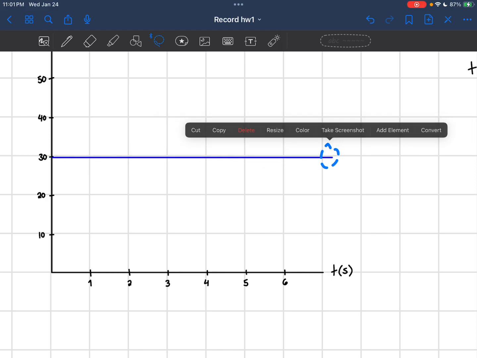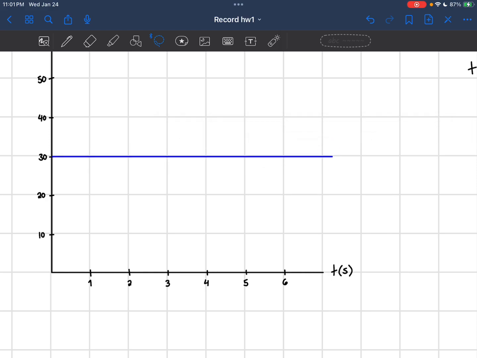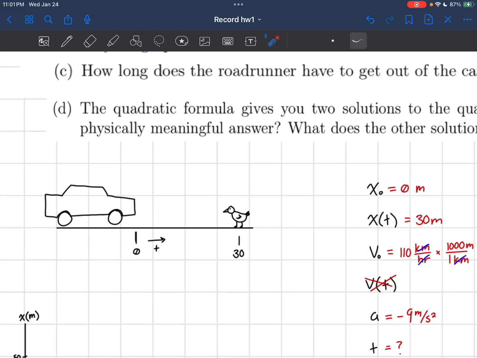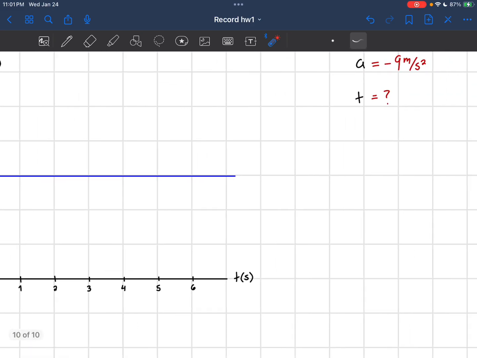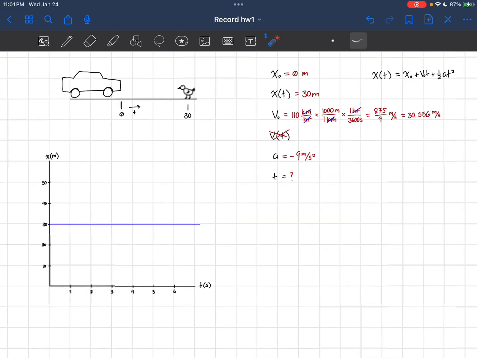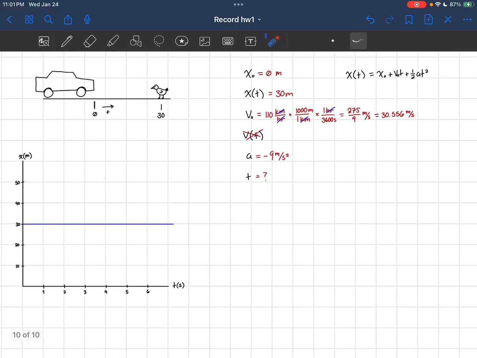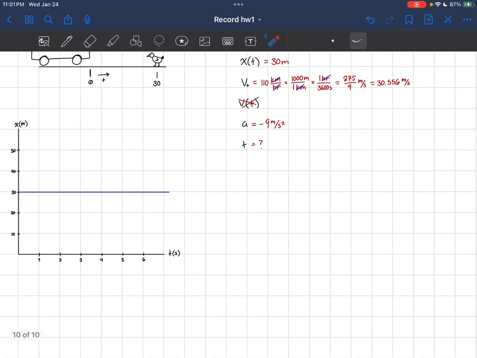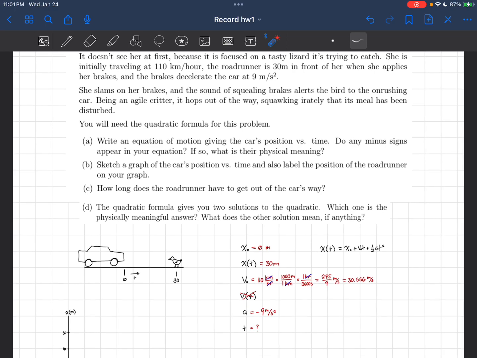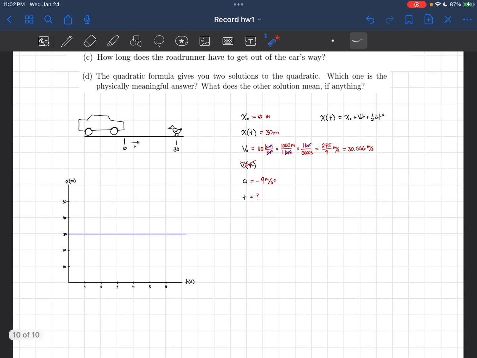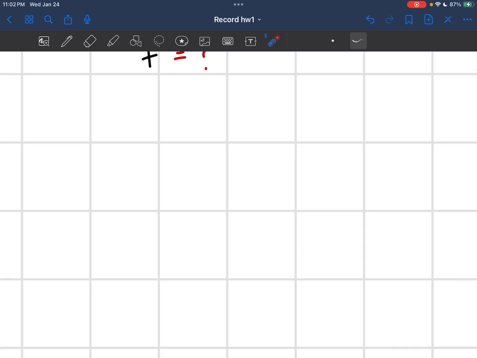And we'll say when it moves out of the way, it just moves off to the side, so it's still 30 meters from where the car started. But I'll find it easier to graph once I have some points to figure out what I'm graphing, right? So instead of sketching the graph first, I'm going to figure out how long it takes the car to get to the Roadrunner, because that's going to make our graphing a little bit easier.